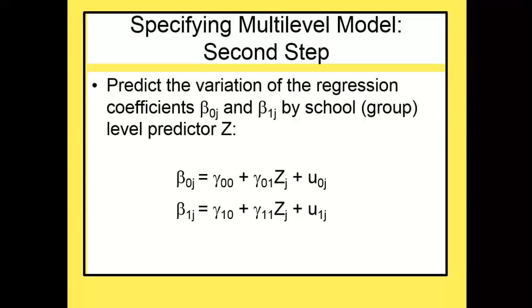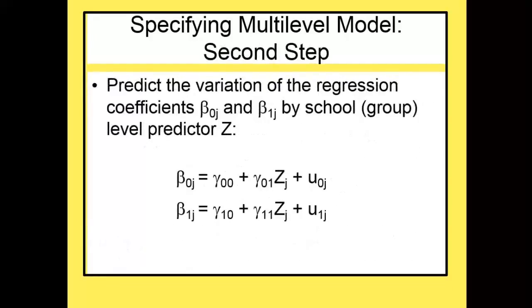So beta 0j is equal to some linear model involving, and in this case we're going to only consider one school level predictor, z, and this is going to be the linear model for the intercept, and the linear model for the slope. Okay, and we're only illustrating it for one group level predictor, to keep it simple.